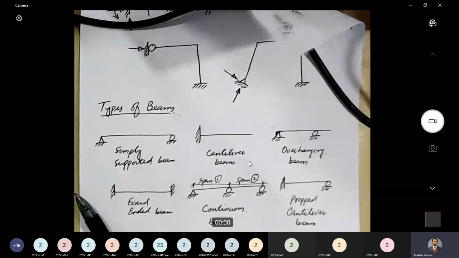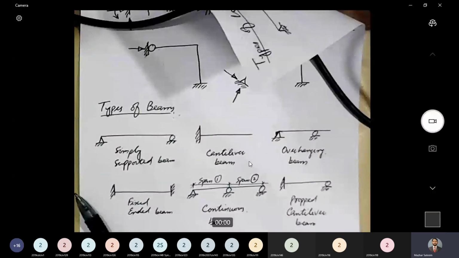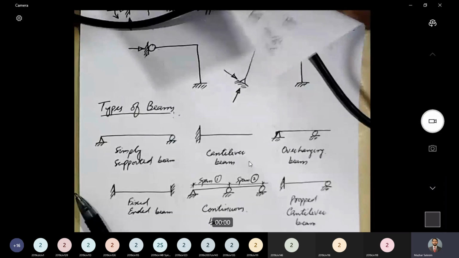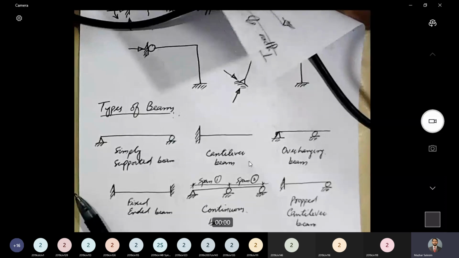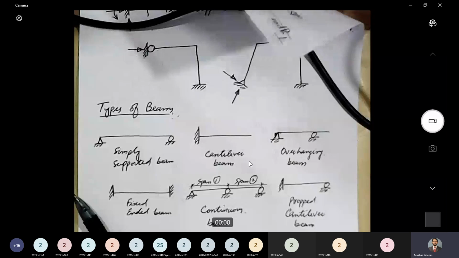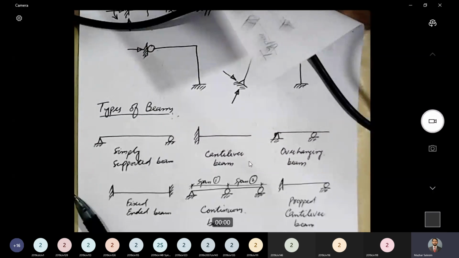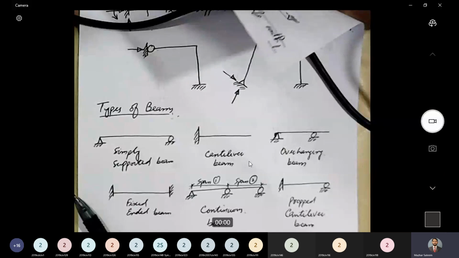Determinate beams are those beams which can be analyzed using the conditions of equilibrium only. If we have a beam that can be completely solved or analyzed using conditions of equilibrium only, that is termed as a determinate beam. I repeat, a beam that can be completely analyzed just by using conditions of equilibrium is termed as a determinate beam.